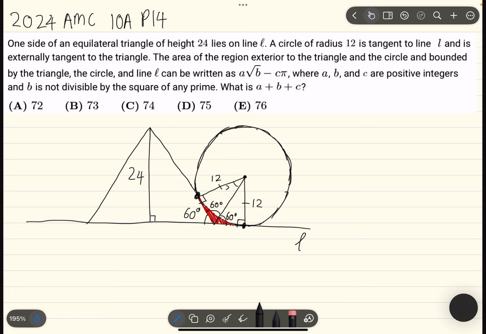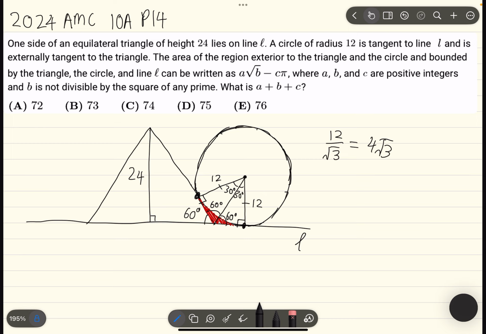We have a 30, 60, 90 triangle, or we have two of them. And if this side is 12, then the base would be 12 divided by root 3, which is, wait, let me see. Wait, so 12 divided by root 3 would be 4 root 3.